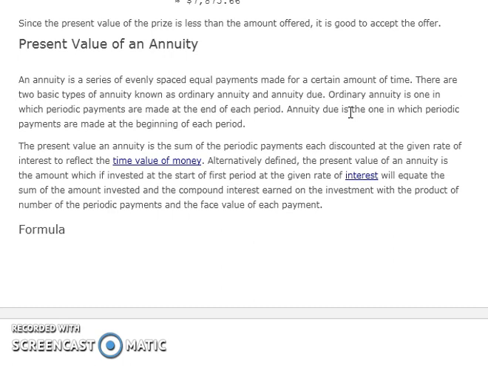The present value of an annuity is the sum of periodic payments, each discounted at the given rate of interest. In the concept of present value, we discount.